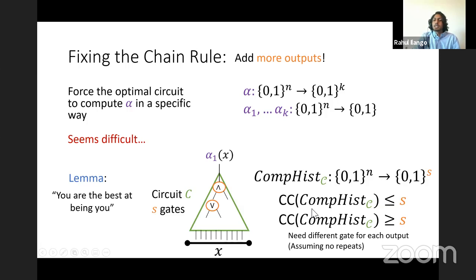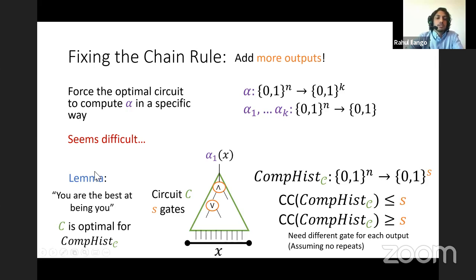So the complexity of computational history is exactly S. In particular, C is an optimal circuit for computing the computational history of C. Almost every circuit is optimal for computing its own computational history. In particular, it's basically the only way to compute its own computational history.